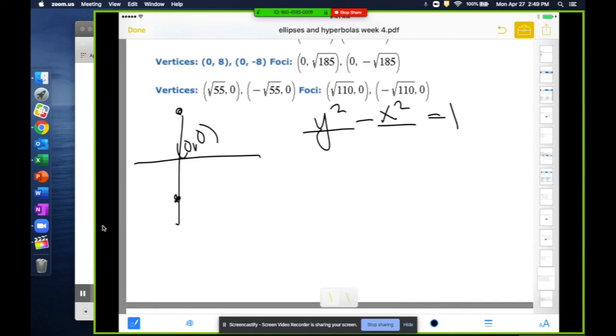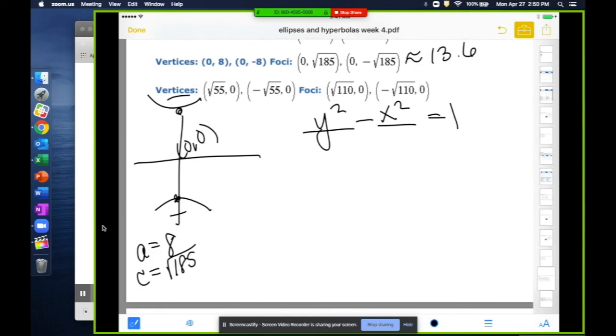Now my foci, which are square root 185 and negative square root 185, approximately in the calculator should give me about 13.6. And then I know my a value is going to be 8. My c value is going to be 13.6, or I'm actually going to use the exact value of square root 185, and I'm going to go ahead and set this up into my equation. So a squared plus b squared equals c squared.